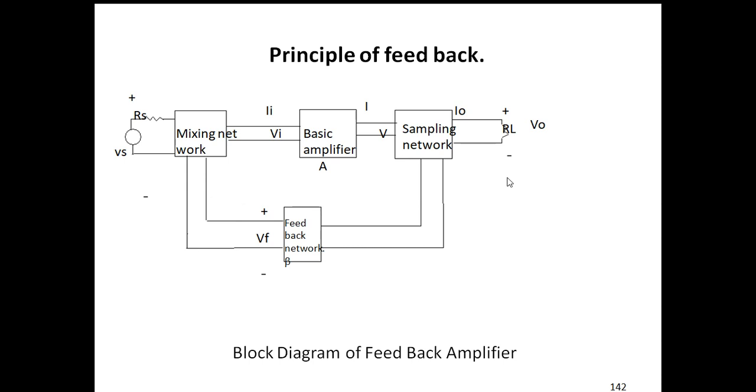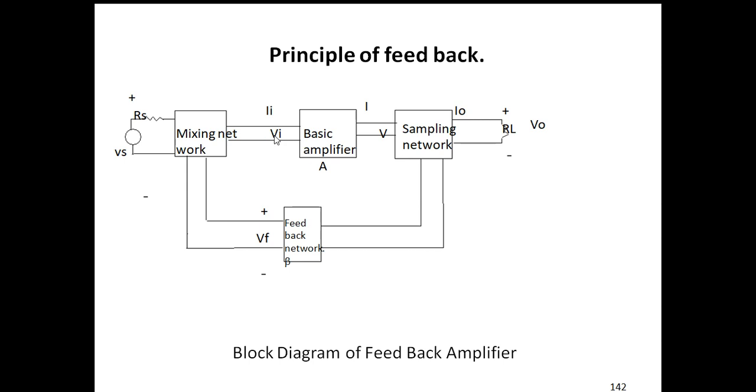Okay, here the load resistance RL is used. Across this load resistance, we can measure the output signal. Here it is input, this is output. This may be kept inside a complete block. Now it has input signal and output signal. So the overall gain of this feedback amplifier is Vo by Vs, where Vs is the source voltage and Vo is the output voltage.